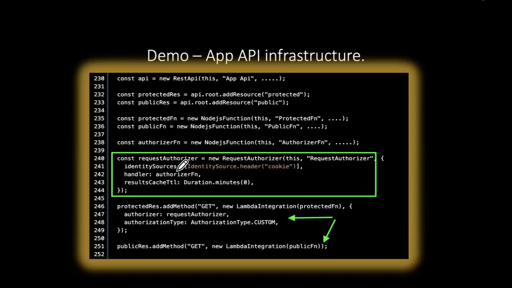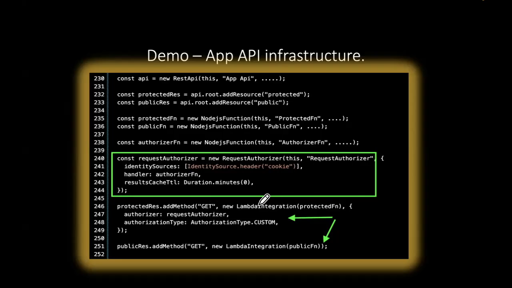In other words, which of these application backends are protected and which of them are private or are public. So I've just decided that the protected Lambda function is going to require authentication. So I'm just adding my method to my endpoint. Protected here is this guy up here. Protected resource, adding the method. It just happens to be a get method, but it could be any method.